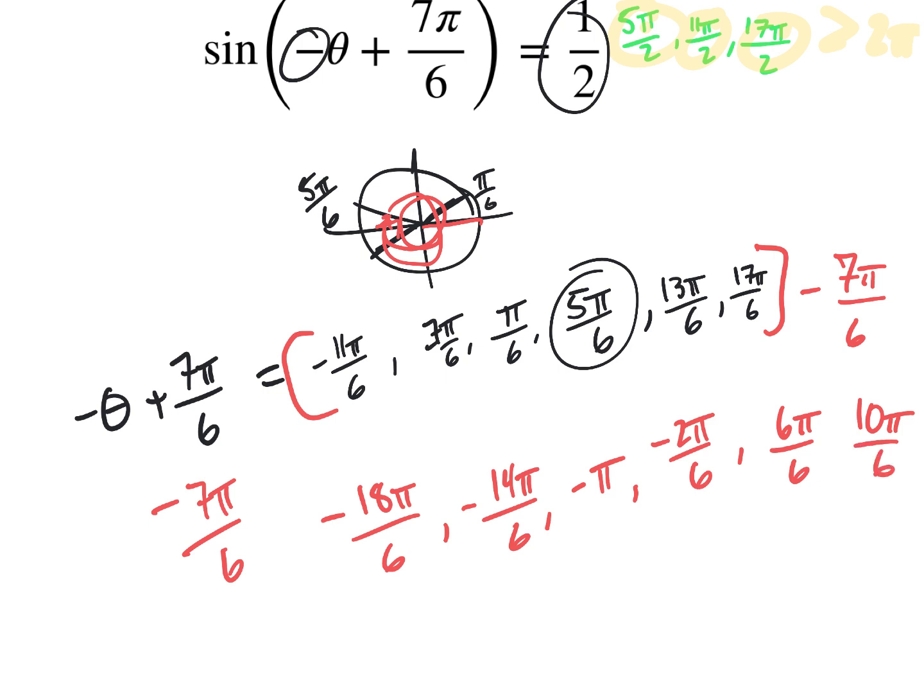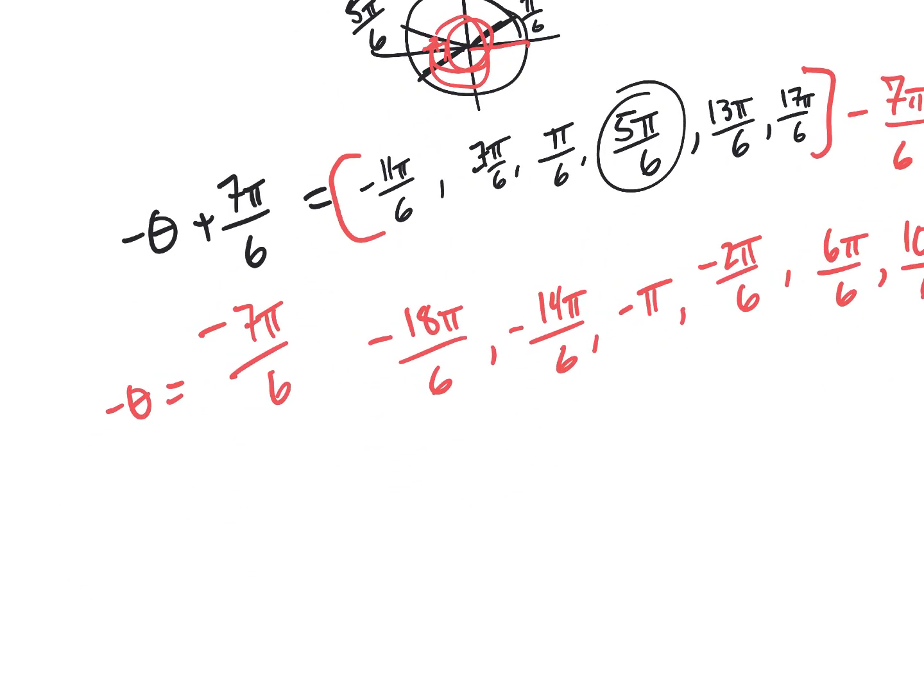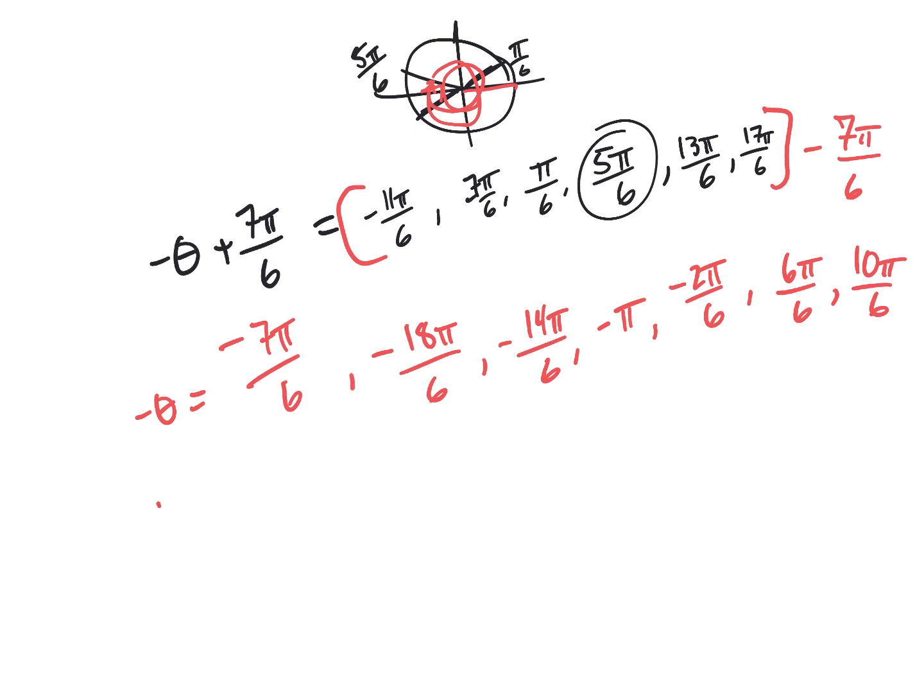So now my concern is like maybe I haven't even gotten all of them, but we'll just kind of see at this point where we're at. So okay, so now this is equal to negative theta. So then if that's what negative theta is, then theta must be just the positive versions of all of these.